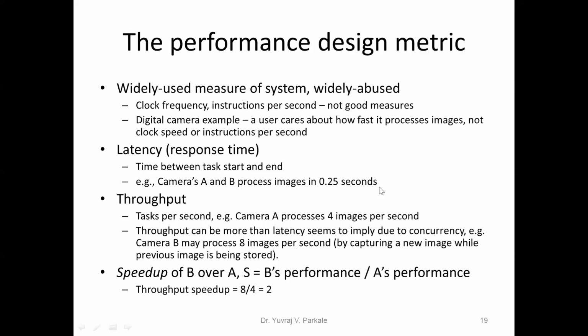If I click the button, I start the process and the camera captures the image and stores it into the memory. The time between pressing the button and capturing the image is 0.25 seconds. This is called the response time for this digital camera example.